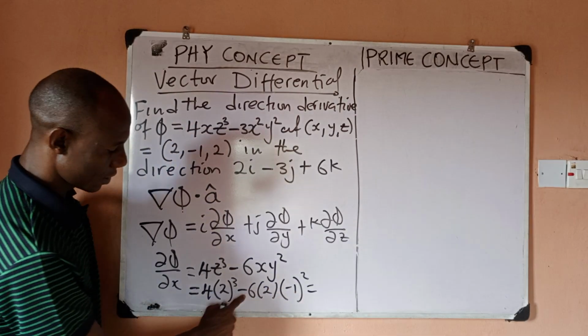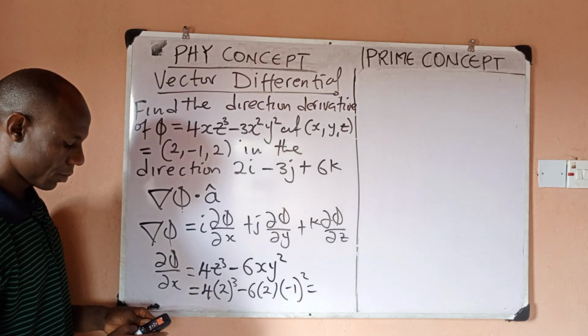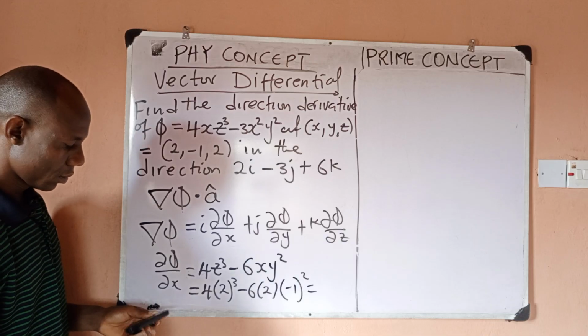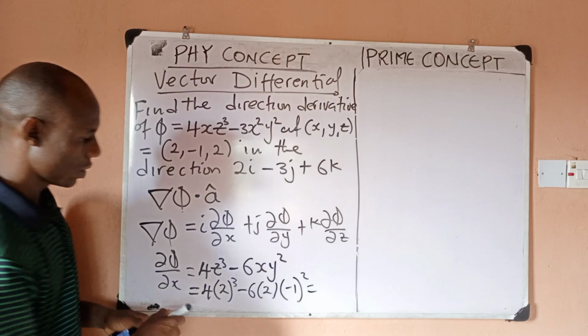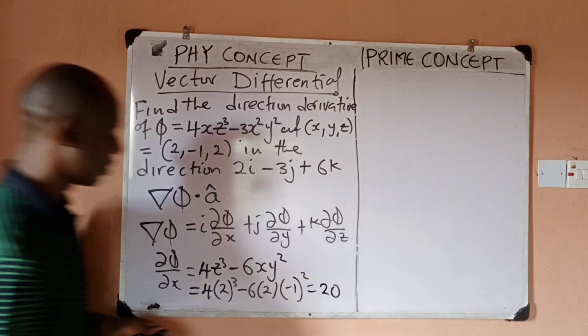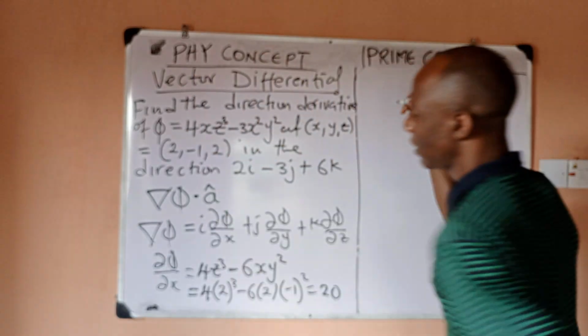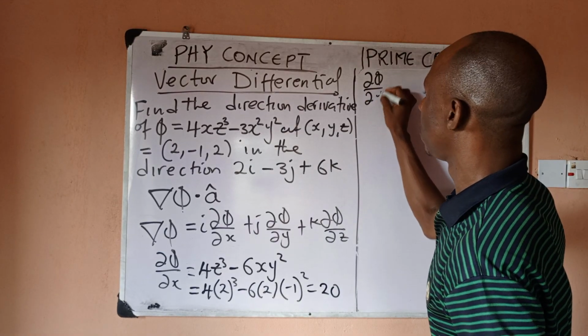Then minus, okay, 24 minus 12 will just give me 12. 32 minus 12 will give me 20. So this is going to be 20.